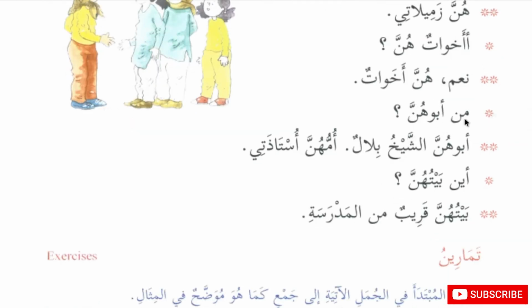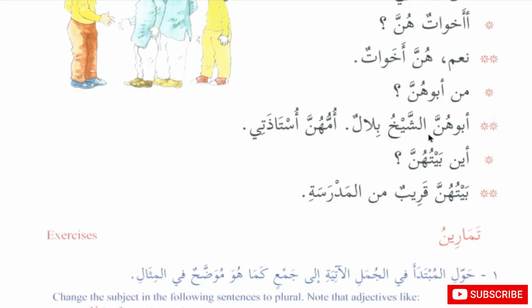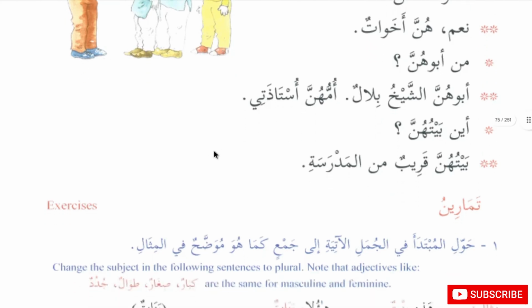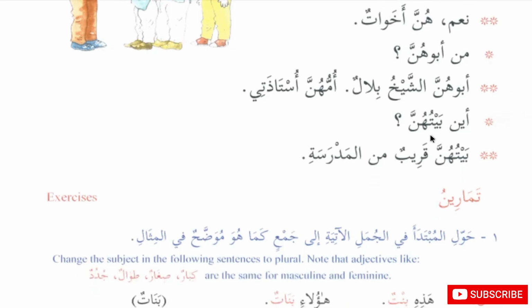Man abuhunna? Who is their father? Abuhunna al-Sheikh Bilal. Their father is Sheikh Bilal. Ummuhunna Ustadatina. Their mother is our Ustad, female Ustad, because there's a ta marbuta here. Aina Baytahunna?